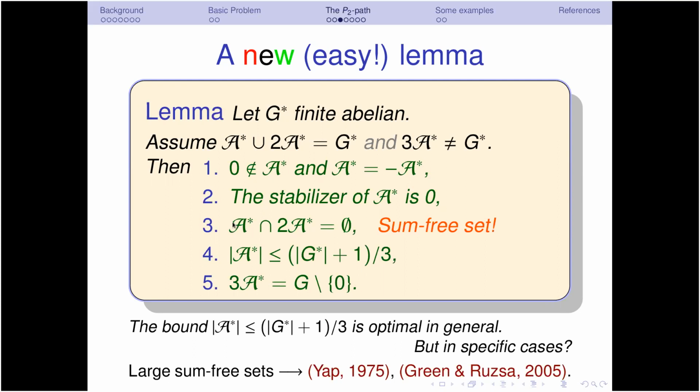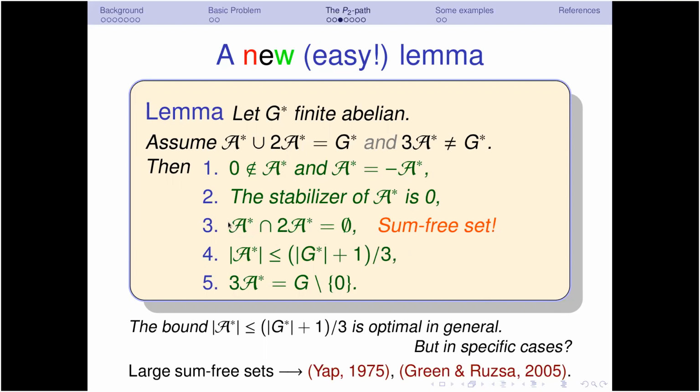Sum free sets in finite abelian groups have been classified by Yap in 75, Hong Kong or Thailand, I don't remember, and by Green and Ruzsa in 2005. I mean, they completed the classification, but it's not exactly the same classification as the one that we would like here, because here we have more conditions.